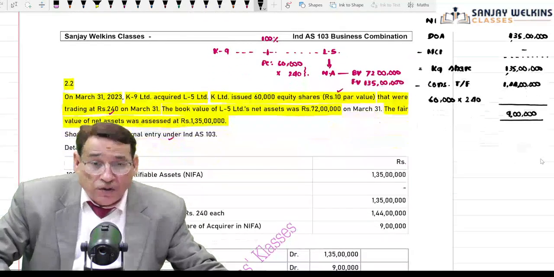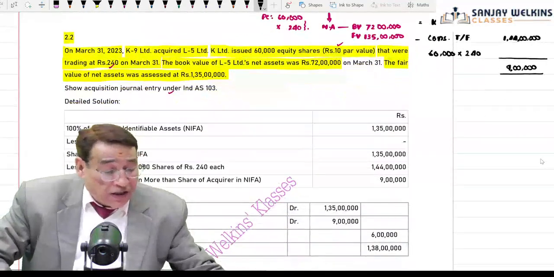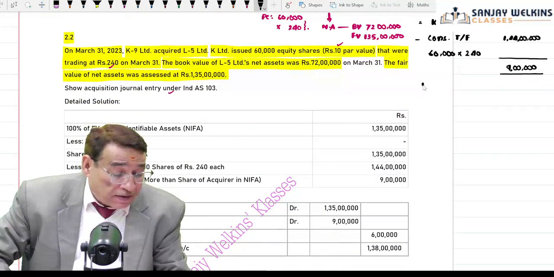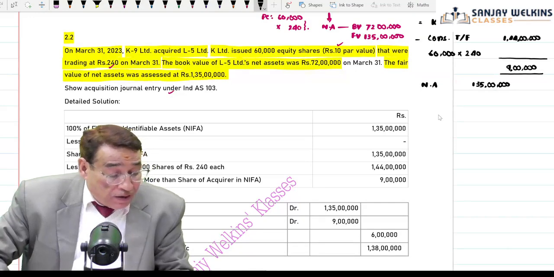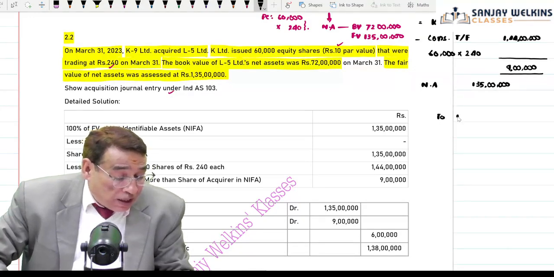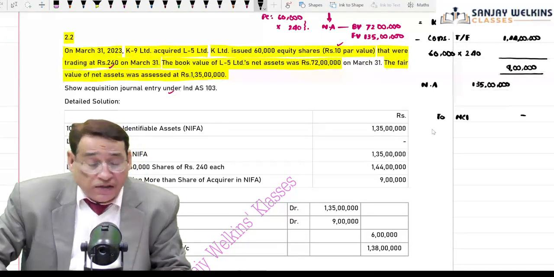Is it clear to you? And you can pass the entry very easily. Whenever we write net assets, it means assets minus liabilities. On the date of acquisition, net assets is equal to 135 lakh. Now, as a rule, I should write to NCI. That's a different matter that in this particular question NCI is not there.